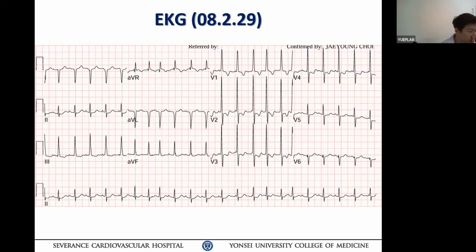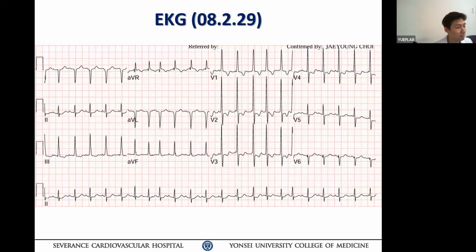The rate is maybe about 130 or 140. So isorhythmic dissociation. Yes, that would be my diagnosis for the rhythm on the background of right ventricular hypertrophy or dextrocardia.